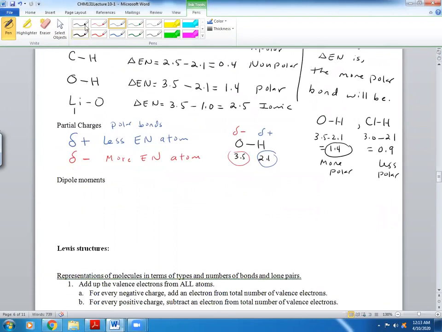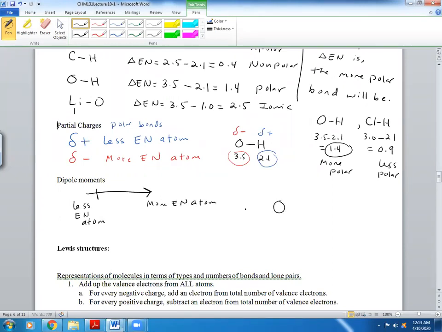Finally, another representation is dipole moment. Dipole moment uses an arrow with a line crossing its tail. The arrow is pointing toward the more electronegative atom, toward more electrons, and the tail is hovering above the less electronegative atom. It doesn't matter what direction it is, it could point toward the left, as long as the arrow is pointing toward the more electronegative atom.